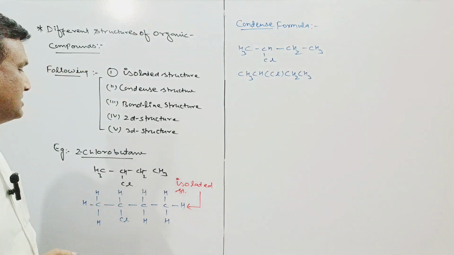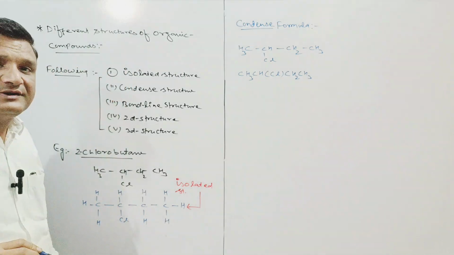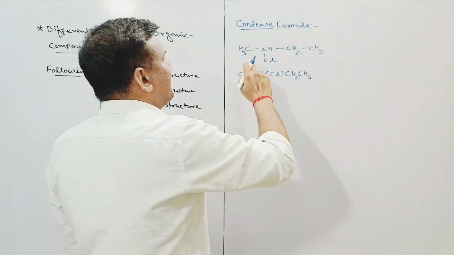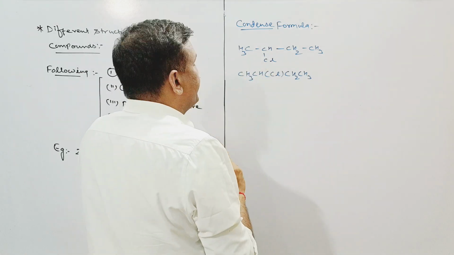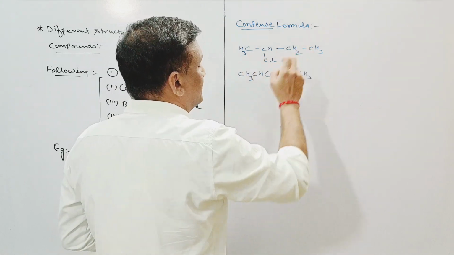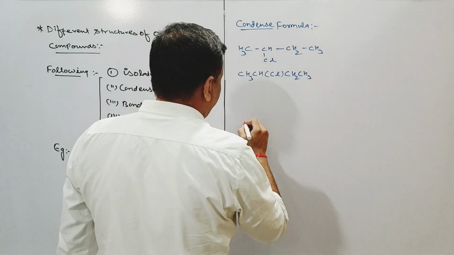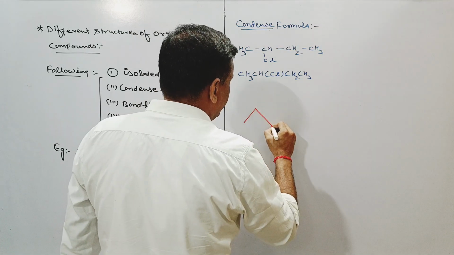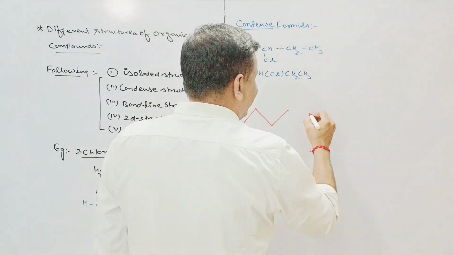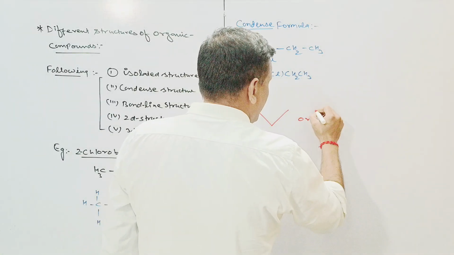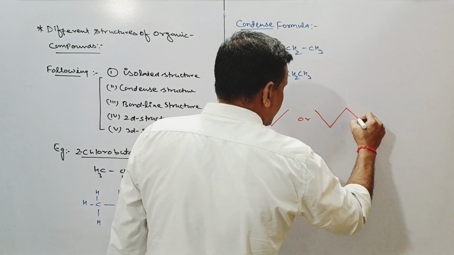Now the time to discuss the bond line structure. Bond line structure के लिए आपको सबसे पहले कार्बन काउंट करने पड़ेंगे. So this is 1, 2, 3, 4 carbon atoms. We can take these 4 carbon atoms as follows, either 1, 2, 3 and 4, or as follows 1, 2, 3 and 4.